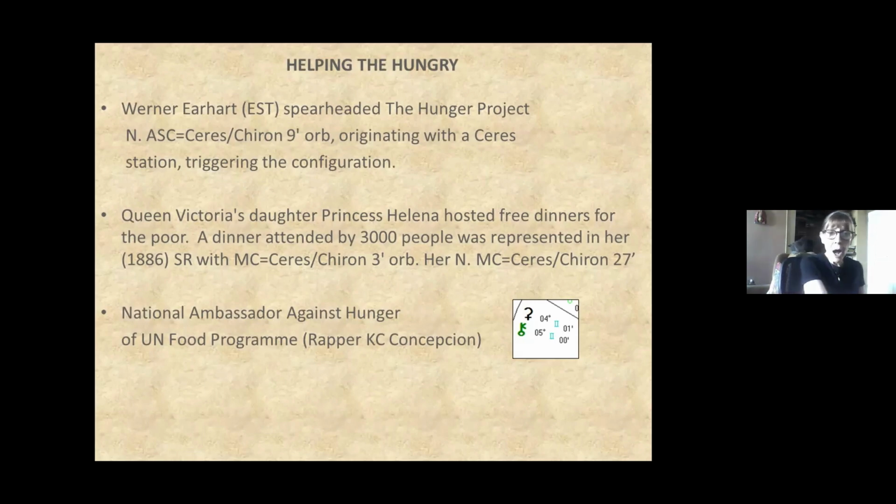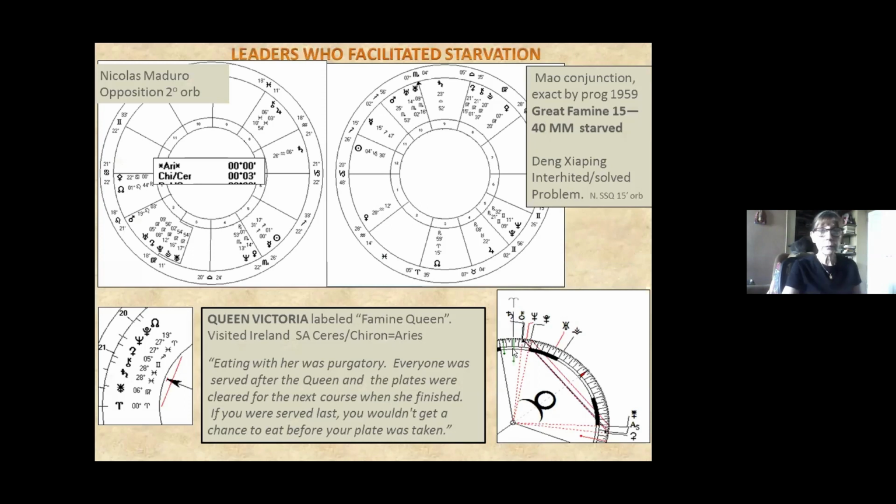And one of her dinners was attended by 3,000 people, and this is what showed up in her solar return. She had MC equals Ceres Chiron and natal MC equals Ceres Chiron. And here's somebody alive at our time, who is the national ambassador against hunger, the rapper KC Concepcion, and she has Ceres Chiron.